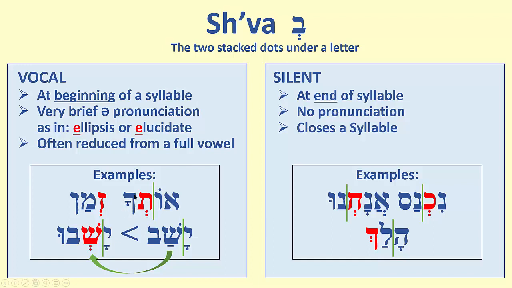But since there is no dagesh in it, it means there is some vowel sound preceding it. So we know that this is an audible, a vocal schwa. We'll look at another reason why the syllable division has to go here instead of there in just a bit. Let's look at some examples over here. We've already read through these, but now you can see the green line dividing these words into syllables. Nich, nas, anach, nu, ha, lach.